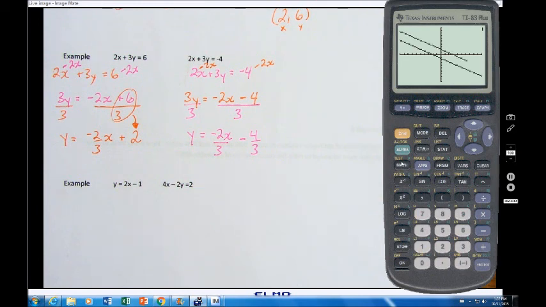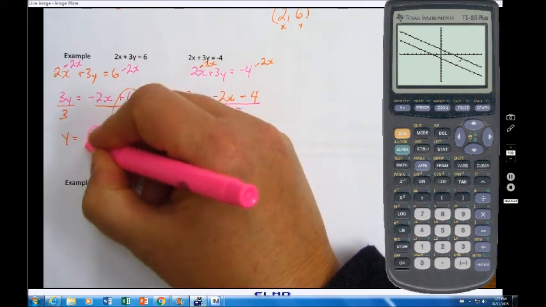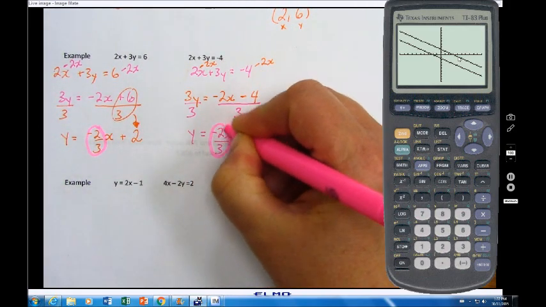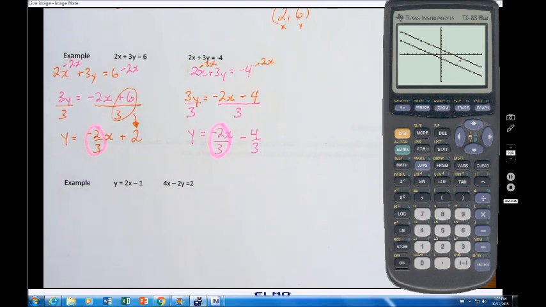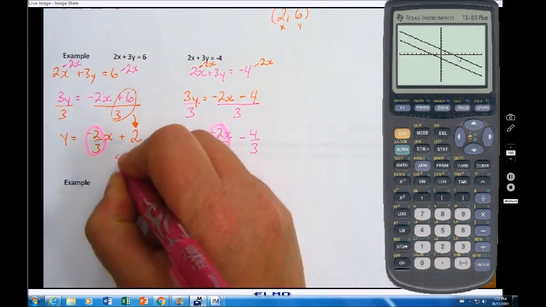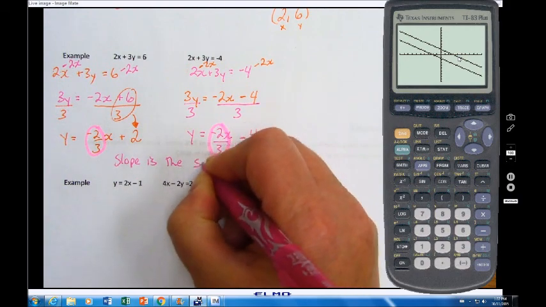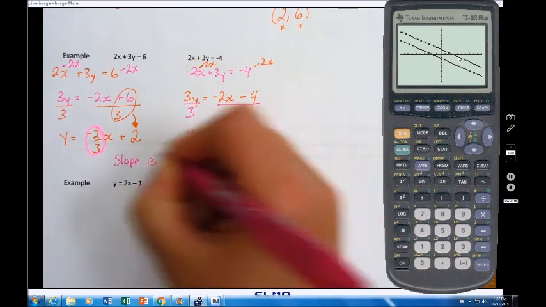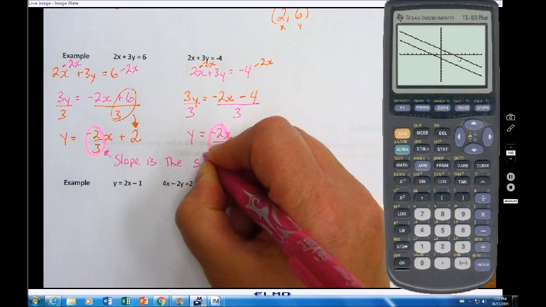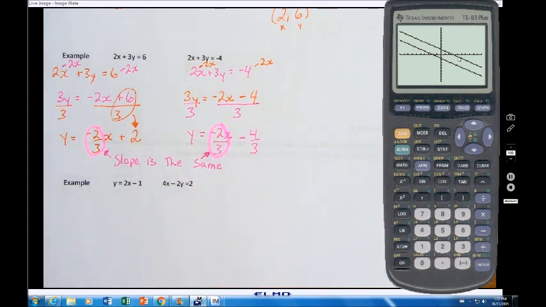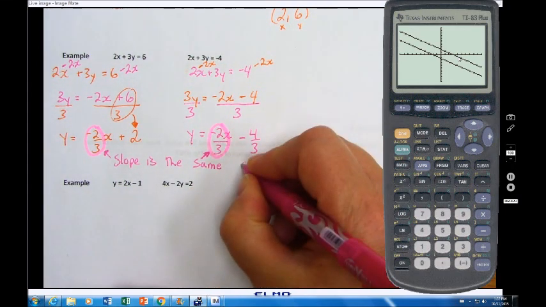What do we notice about those lines? If we look at the slope, notice the slope is the same. And when we graph it, we have parallel lines. So the slope is the same, so it's parallel lines.